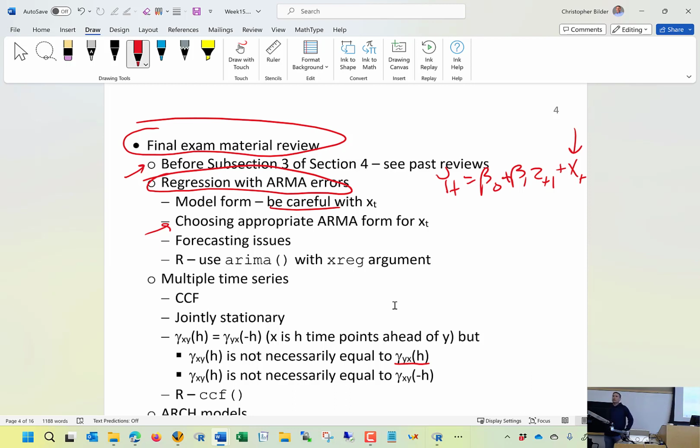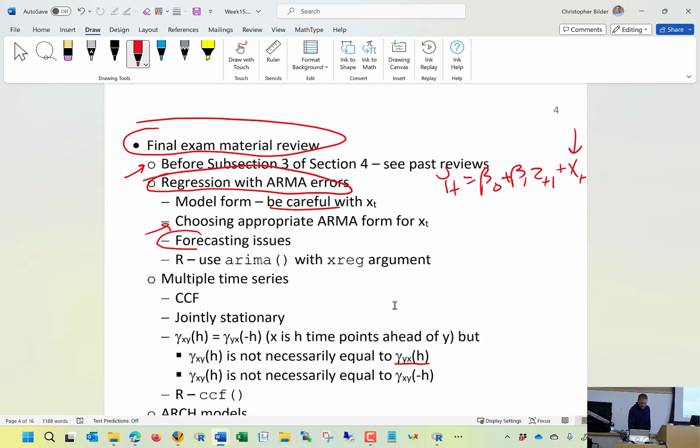The standard way that we do this is that we estimate a model assuming independent error terms, look at an ACF and a PACF of the residuals, and based upon what we see there, that will suggest particular kinds of models for our error term. Then we refit the model. The way that we do that is we use the arima function with the xreg argument. We refit the model, and we then get the residuals again and check to make sure that we've taken into account this dependence properly.